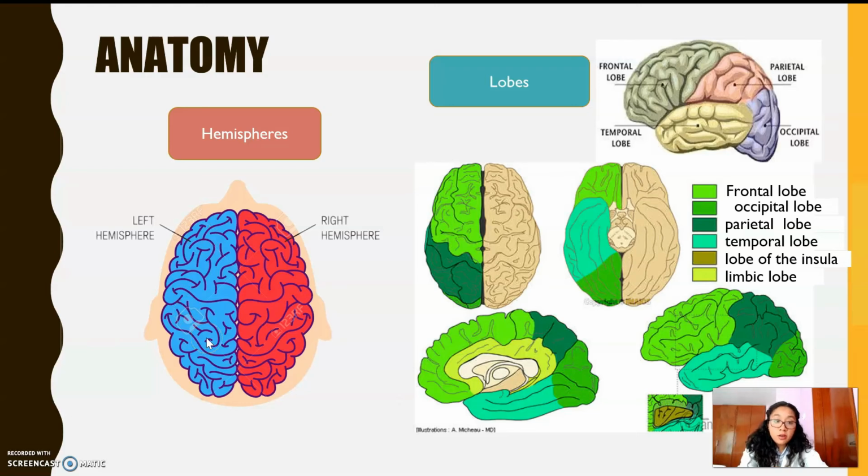We have different lobes, the frontal lobe, the occipital lobe, the parietal lobe, the temporal lobe, and inside we also have other types of structures. The limbic lobe and the lobe of the insula.